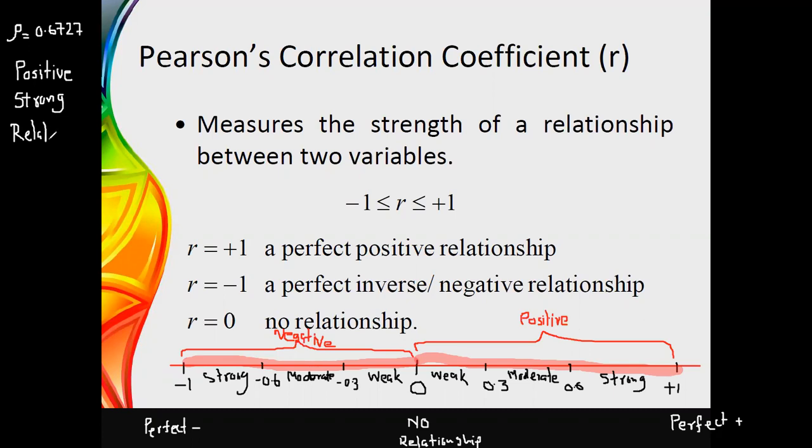Now you can combine whether it is positive or negative with the weak, moderate, or strong relationship. By combining these two concepts, you can interpret the values you obtain.